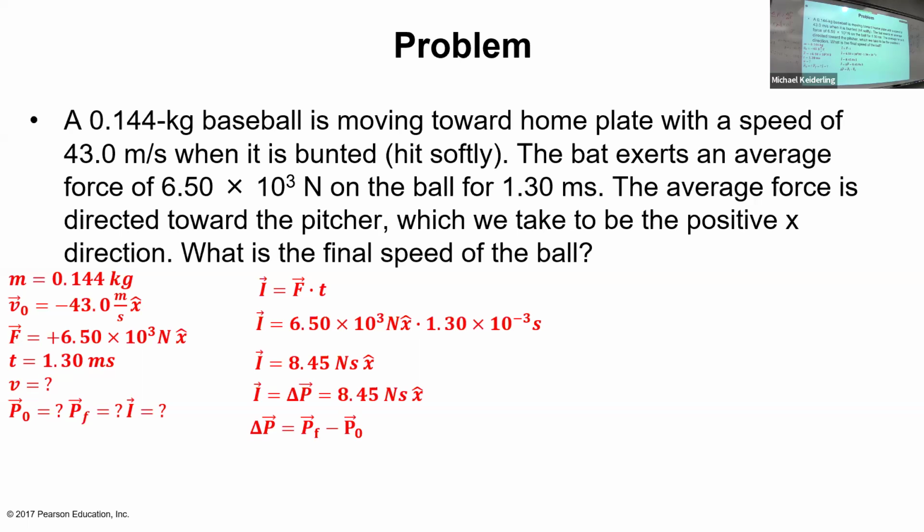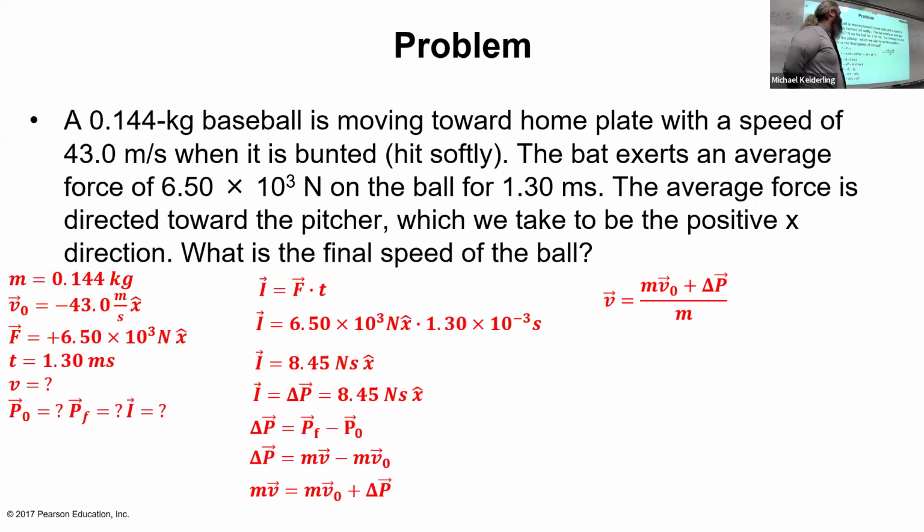So the change in momentum is the final momentum minus the initial momentum. So that's mass times velocity minus mass times velocity initial. So mass times velocity is mass times velocity initial plus change in momentum. So velocity is going to be mass times velocity initial plus change in momentum all over mass.